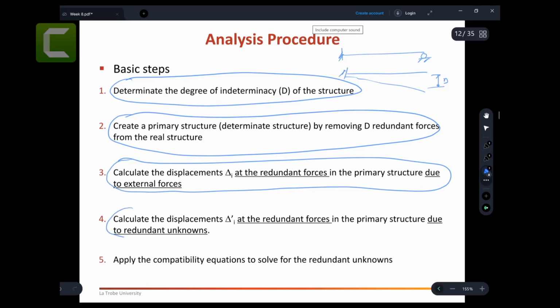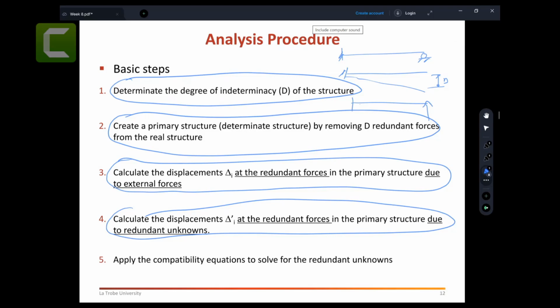And then you need to calculate again the displacement in the primary structure due to the redundant force. So there is another structure that you make and find the deflection. There are 2 deflections that you need to find. Look, this method that we're going to teach you is very simple if you know the virtual work method. It's just finding the displacement.